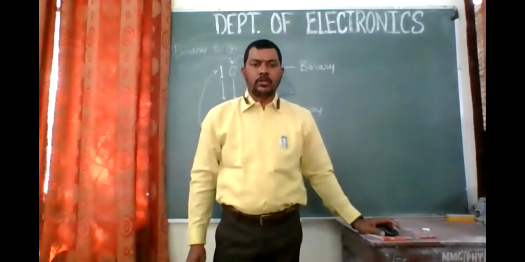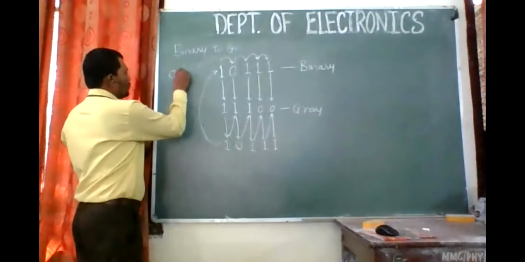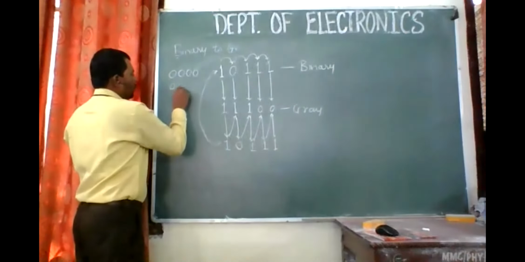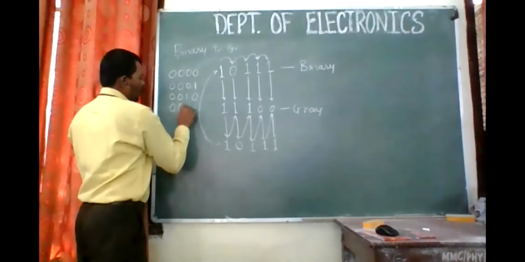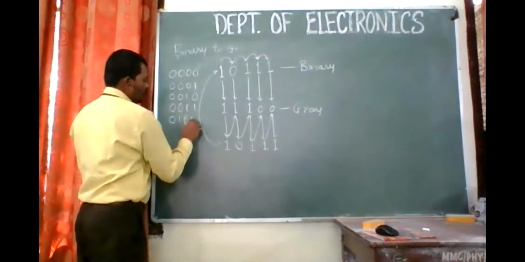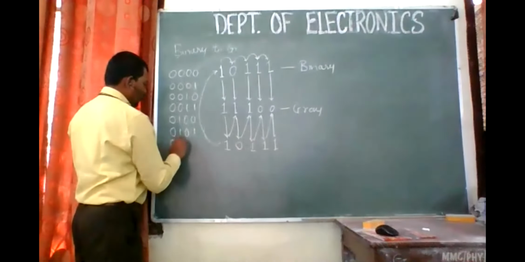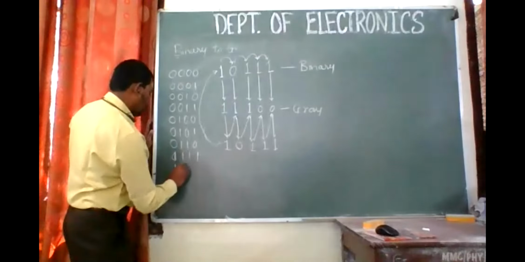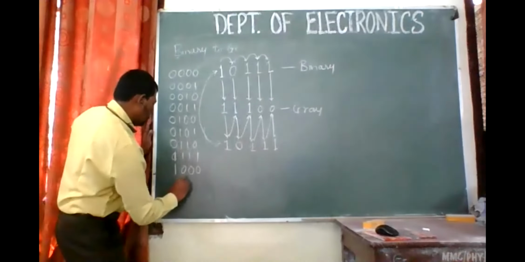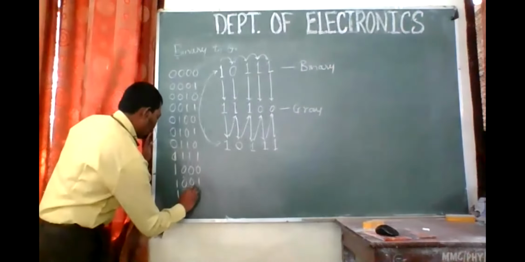You will try this on your own. Please go for all the numbers starting from 0000, and make a table of that: 0001, 0010, 0011, 0100, 0101, 0110, 0111, 1000, 1001, and lastly 1010.